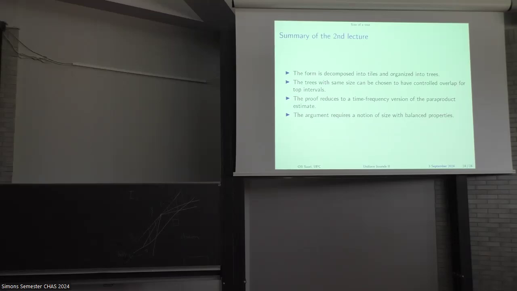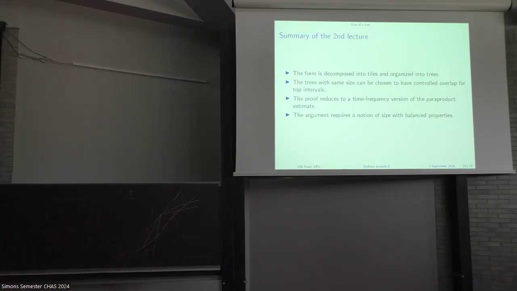So just to summarize in four points. First, we started with this form, which is a sum of many, many types. And we organized the sum into trees. The tree was, geometrically in frequency, this kind of truncated cone, which has two parts, the core part and the boundary.